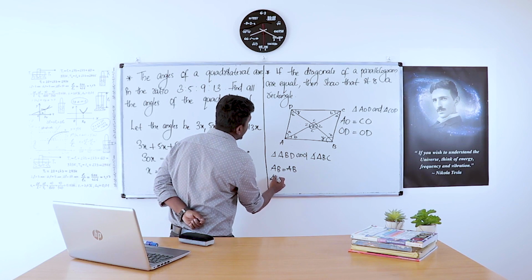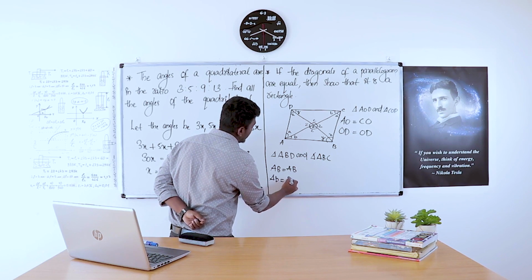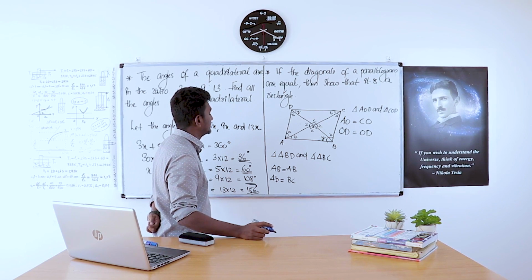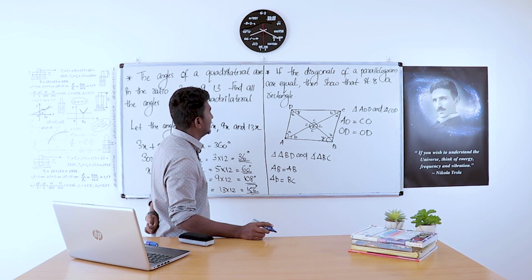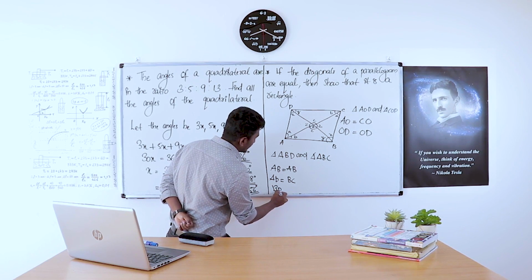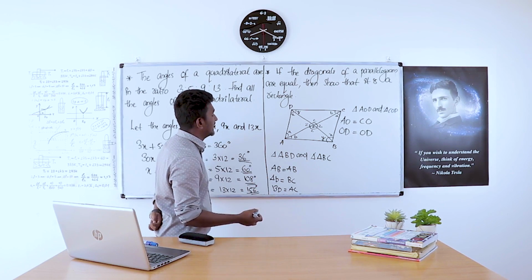Then AD is equal to BC, opposite sides of a parallelogram. Then BD is equal to AC, already given that the diagonals are equal.